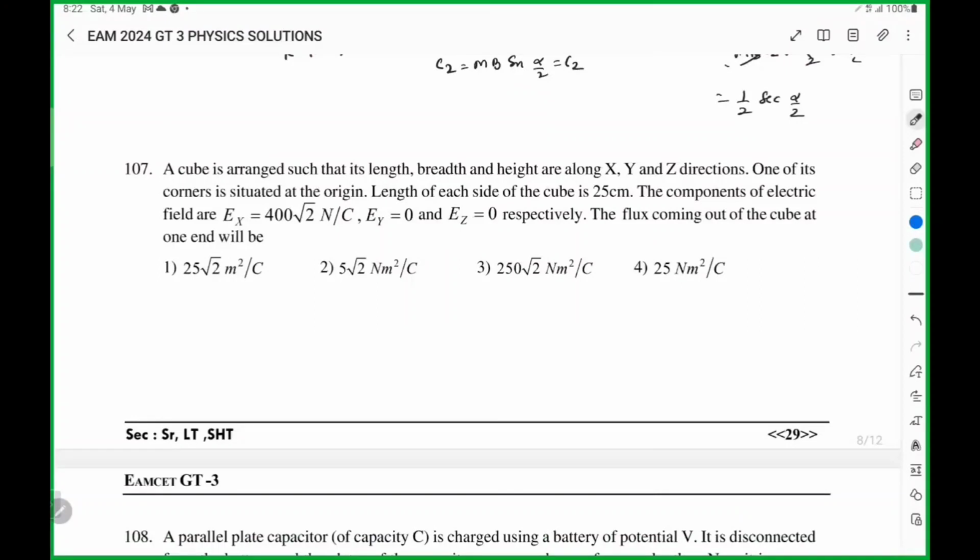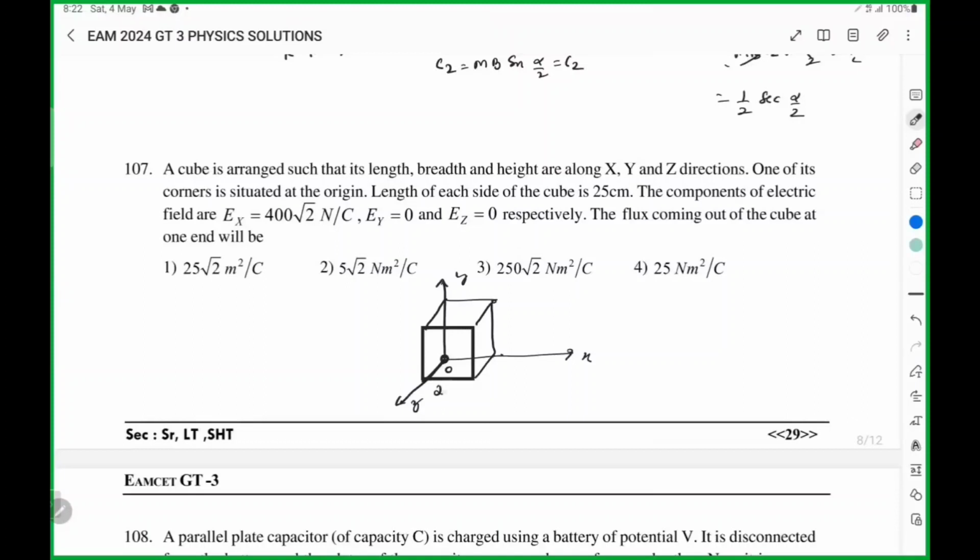A cube is arranged such that its length, breadth, and height are along the XYZ axes, and one of its corners is situated at the origin.